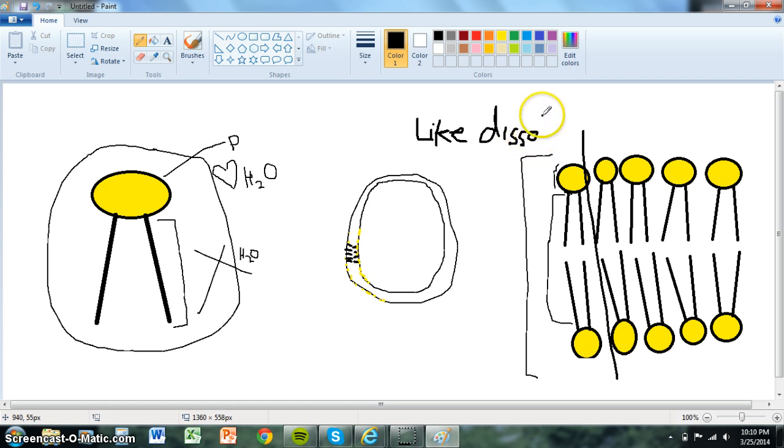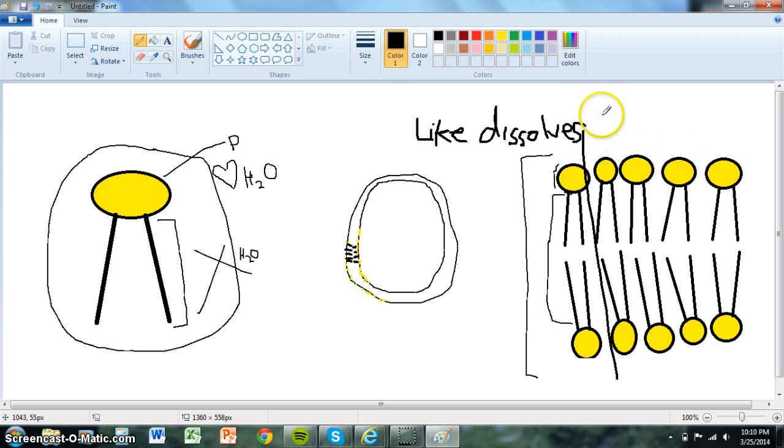So what that means is that if you have something that has a charge on it, for example a phosphate head, only things that are charged like water will want to be around them. And if you've got something like this hydrophobic water-hating tail, then only things that are small and uncharged and also don't like water can get through.